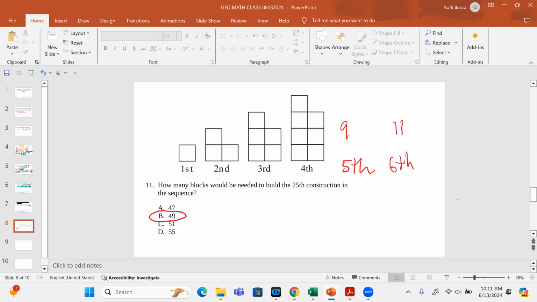Or did you check one by one? So the 7th, the 8th, the 9th, to 25th? That's what you did? Wow. That takes time. So if they say 1,000, are you going to do this to 1,000? Okay, can you explain to me what's the pattern here?